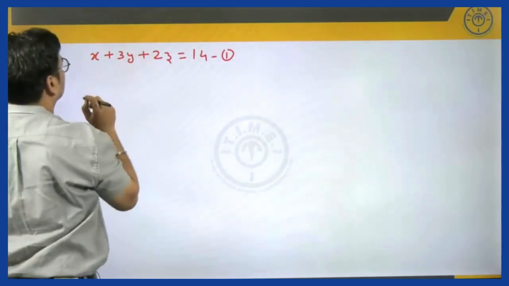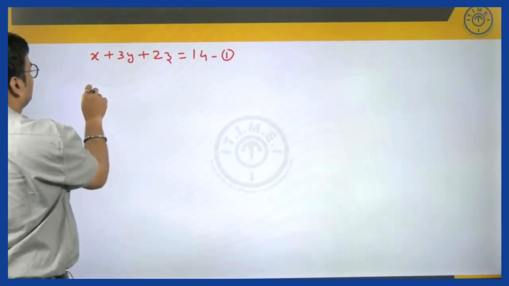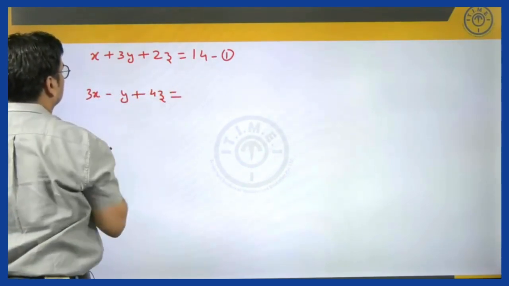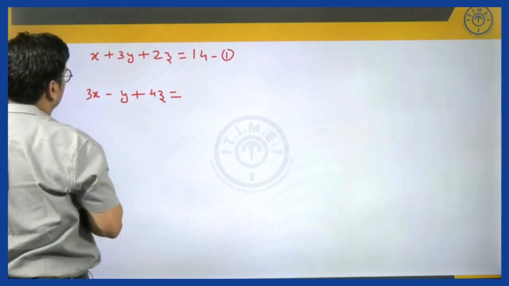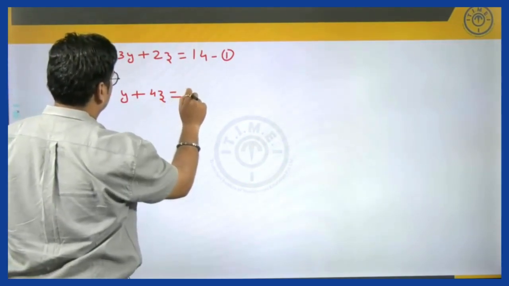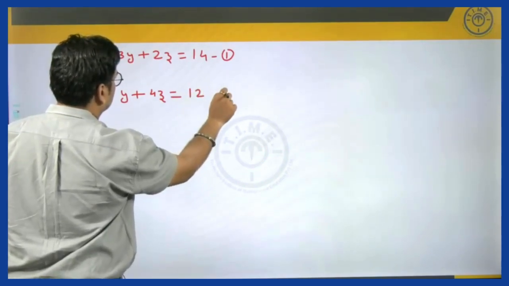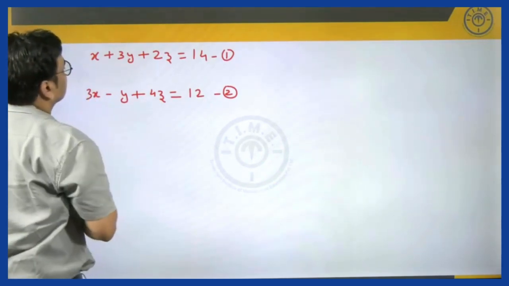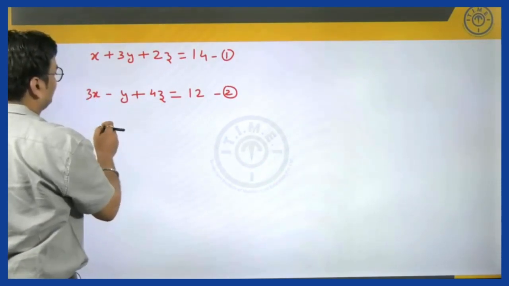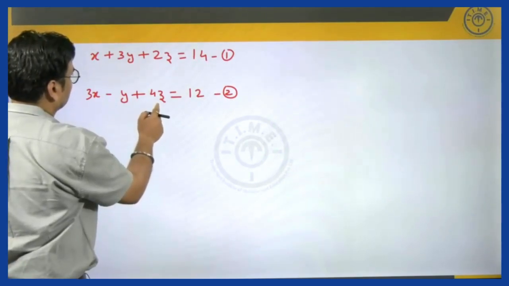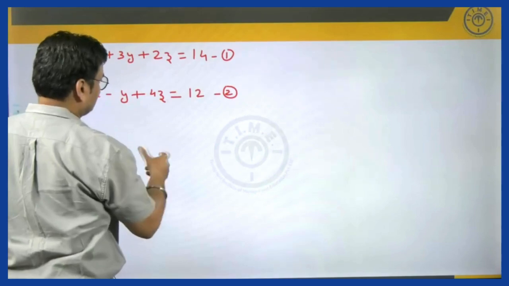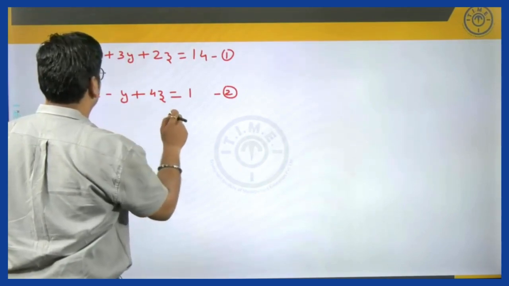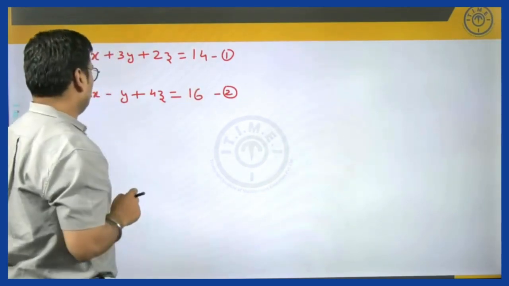And the second equation is 3x minus y plus 4z equal to 16, let's put it 16.